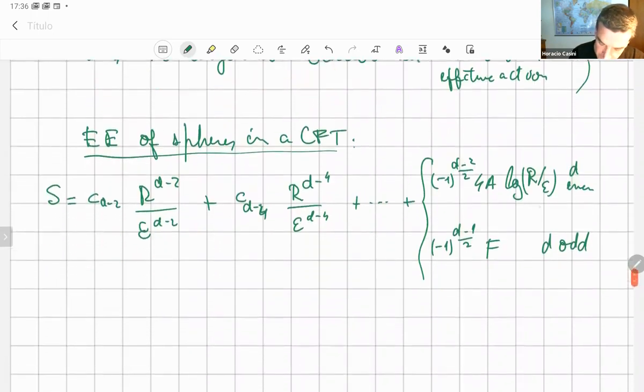The even case was the case I described yesterday for dimension 4.